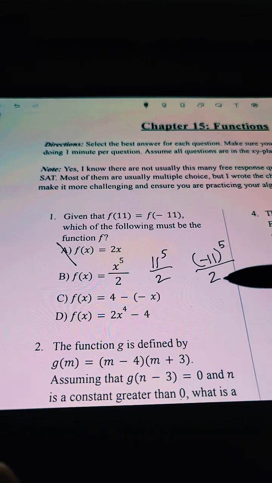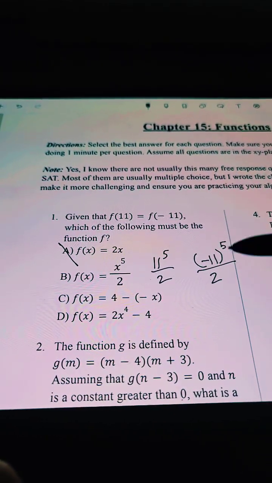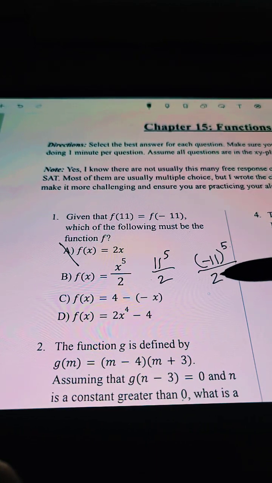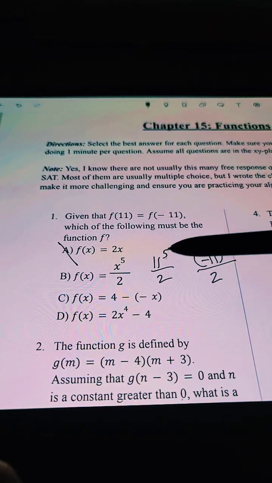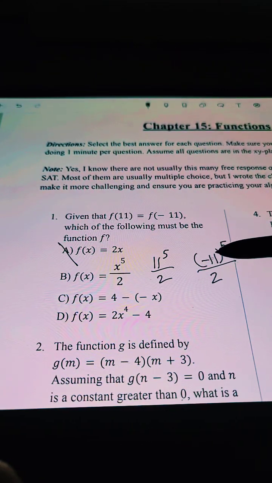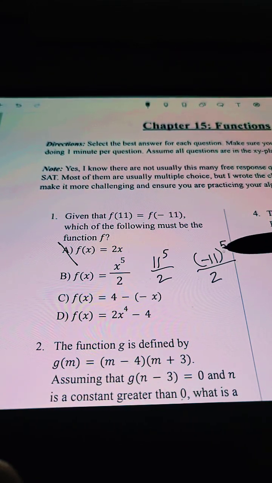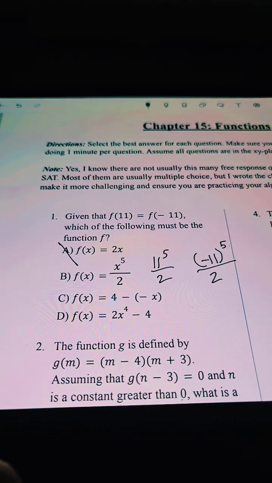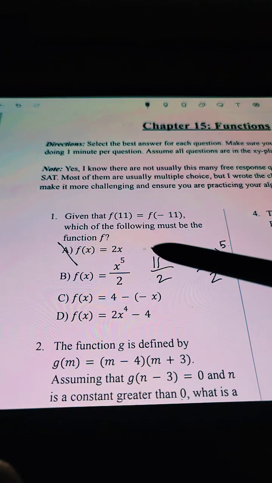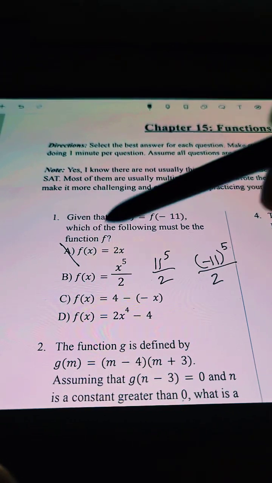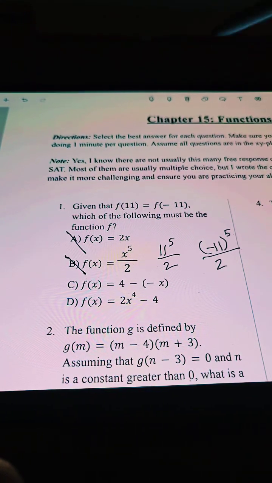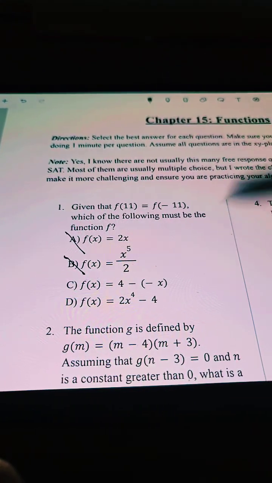Now, you could solve this all out if you want, or you can say, okay, I know that these are not going to be the same value because if I have an odd number as an exponent with a negative inside, then that means that my final answer has to be negative. So this is going to be a negative value, and this one's going to be positive. So they can't be the same.